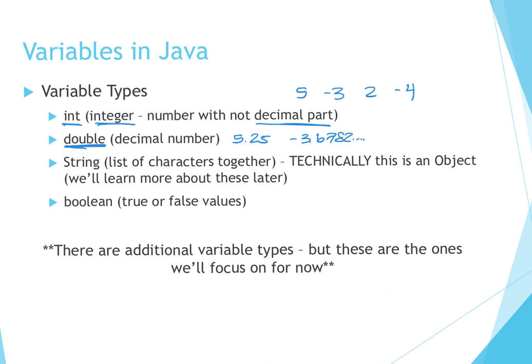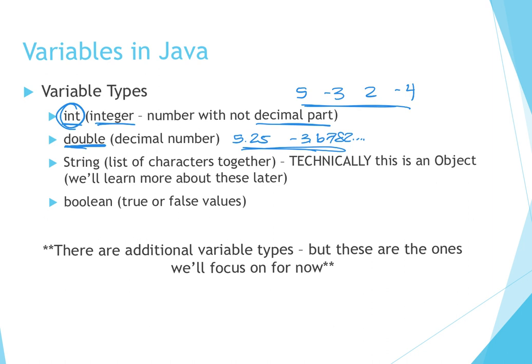So we have two different numerical variable types: the ints, which contain just the integers, and the doubles, which can have decimal parts on them. We have both simply because for memory space reasons, ints take up a lot less space than doubles because they don't have the decimal part. So if you know something is only going to be an int, it's better and safer to use that int variable.